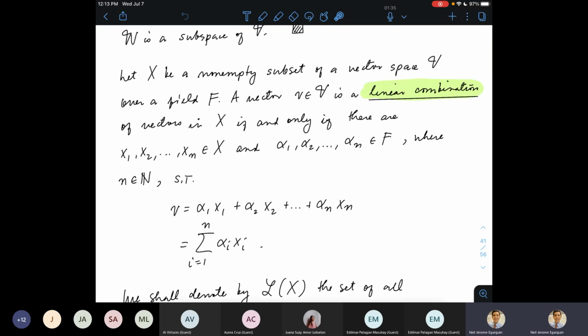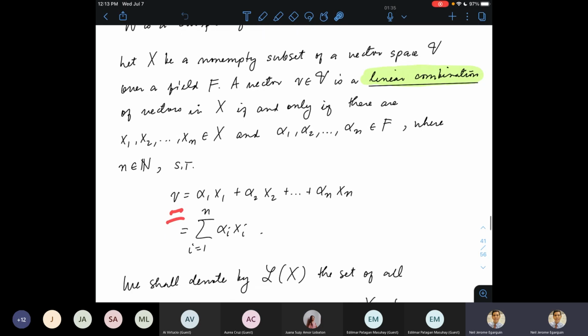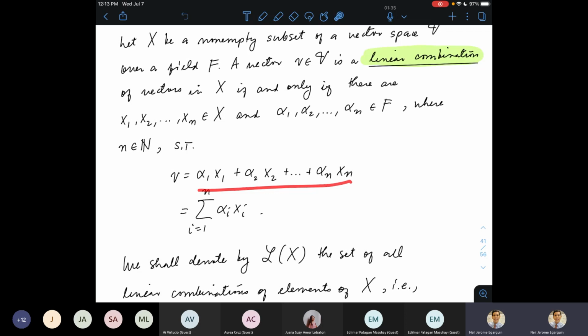So we say that the vector V is a linear combination of vectors in a non-empty subset of a vector space V, if and only if that vector V can be written as some sum of scalar multiples of some vectors in capital X. So kung masusulat mo si V in this form, then it is said to be a linear combination of the x sub 1, x sub 2 until xn. So it's a linear combination of the x sub i's.